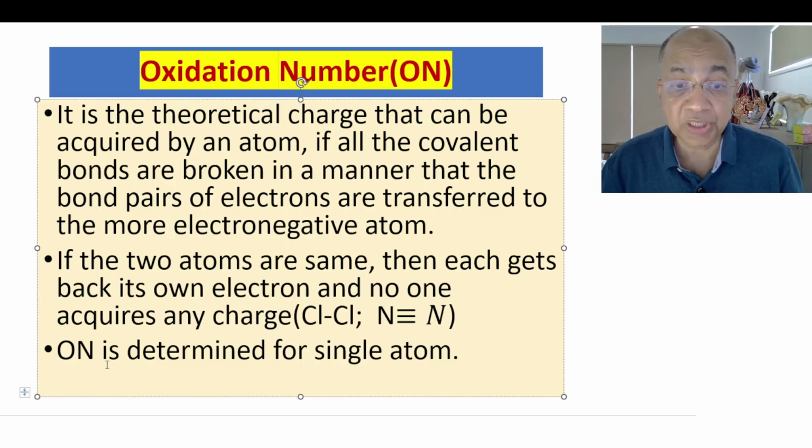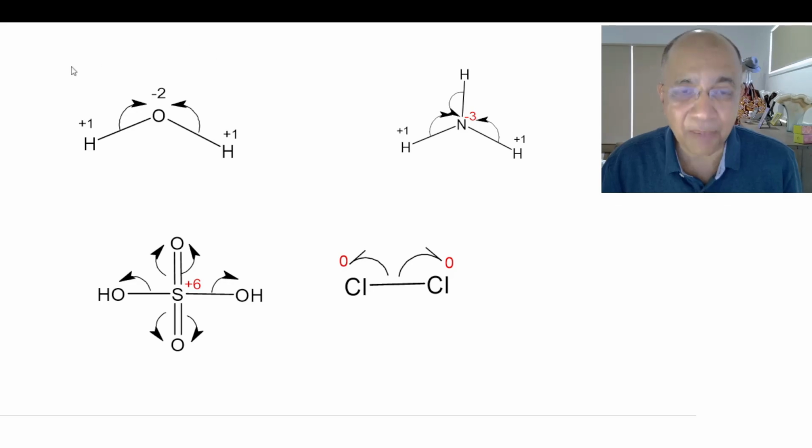And remember, oxidation number is determined for a single atom, not for a polyatomic ion or for a molecule as a whole. For a single atom in a covalent molecule or in a covalent ion. Now, for example, we take water as the simplest case where there are two covalent bonds. Each bond is made up of two electrons, one contributed by each of the two participating atoms.